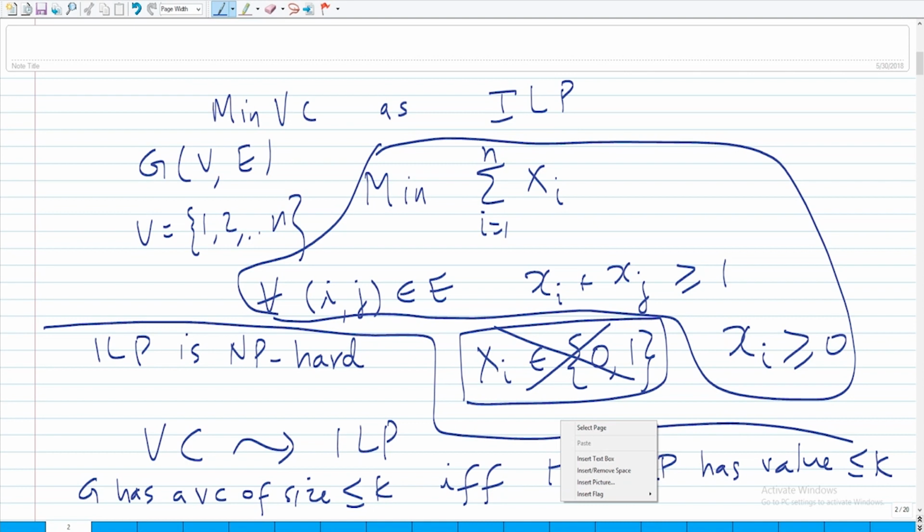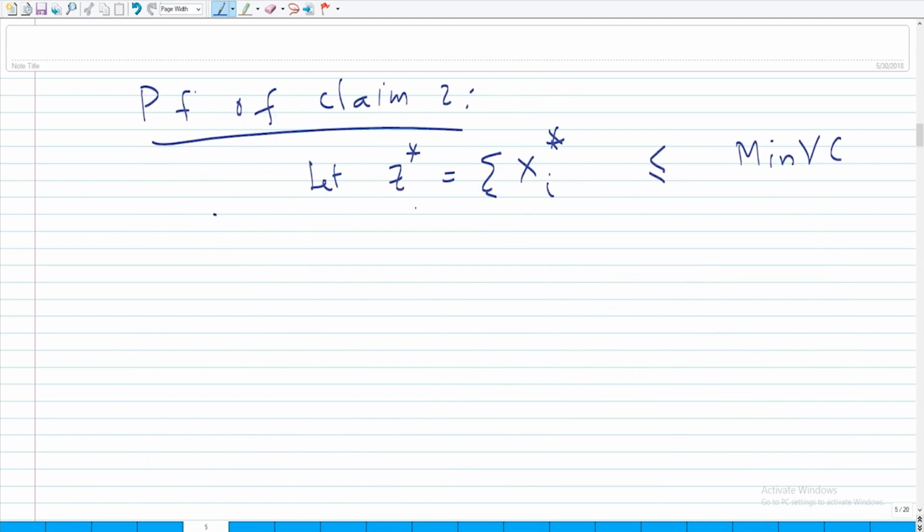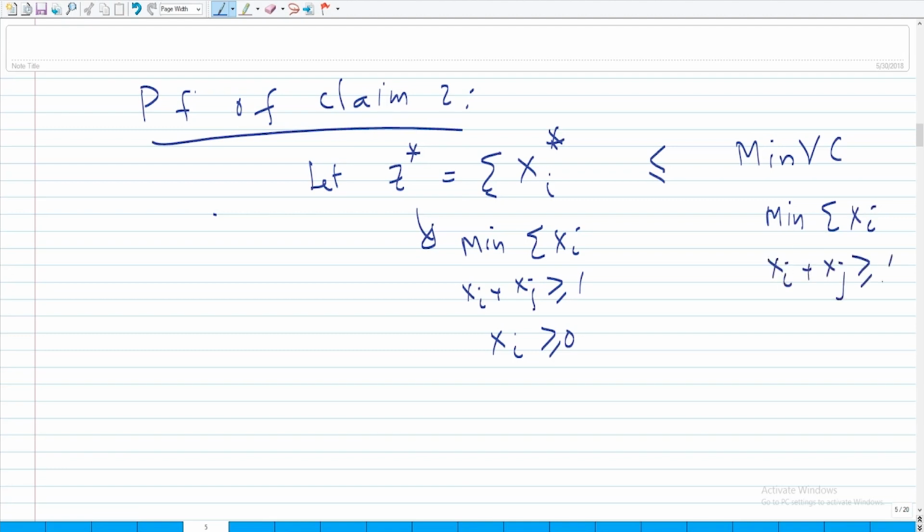So, in fact, the integral solution is also a solution of this, right. The minimum vertex cover is also a solution, but now I have relaxed it. This is a minimization problem, so it will actually go down. This is less than or equal to. Why? Because I solve this with x i plus x j greater than or equal to 1 and x i greater than or equal to 0.